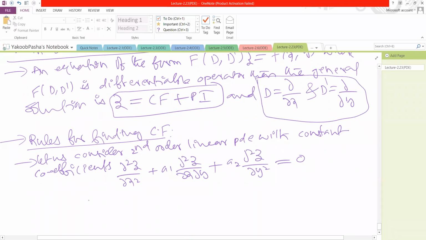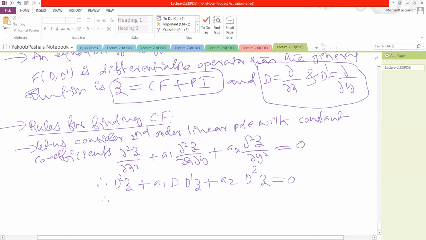Substituting here, we get d square z plus a1 d d dash z plus a2 d dash square z is equal to 0.